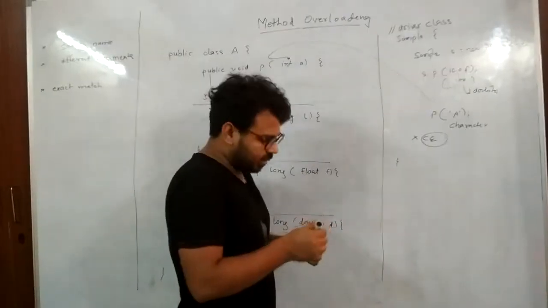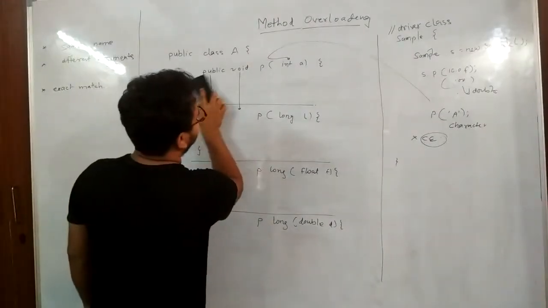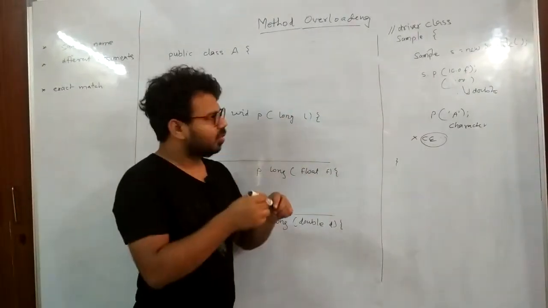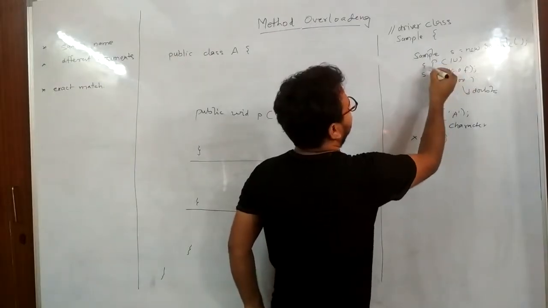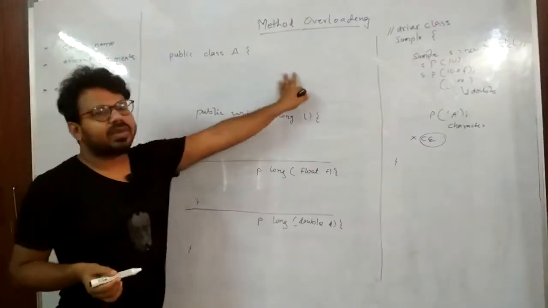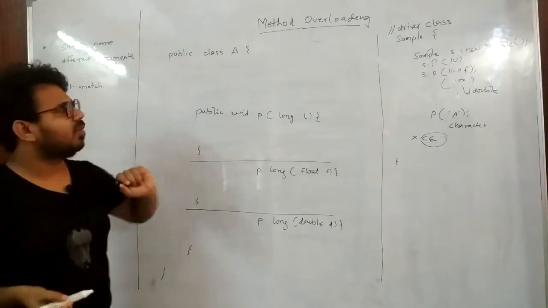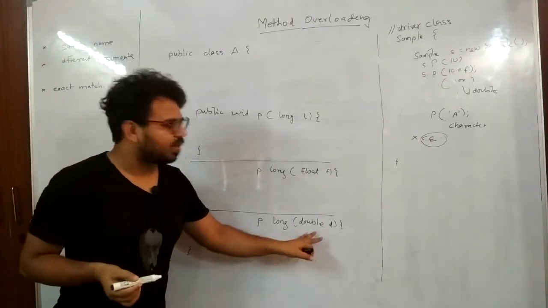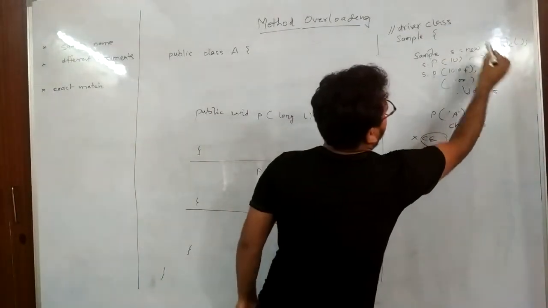Now let us suppose that here we do not have this method, that is the integer version. So when we pass the value 10, p10, which method will be called? Here we do not have any exact matching method, that is, we do not have any integer version. So will long be called, or float, or double, or will it give a compilation error?